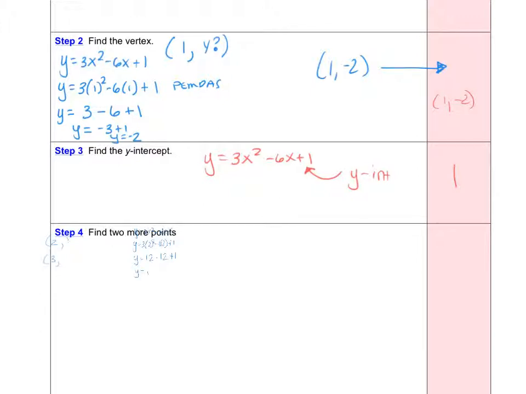So 2 comma 1 is one of my ordered pairs. And for my other one, I'm going to plug in the 3. So 3 times 3 squared minus 6 times 3 plus 1. 3 squared is 9 times 3 is 27, minus 18 plus 1. So y equals 9 plus 1, which is 10. So 3 comma 10.